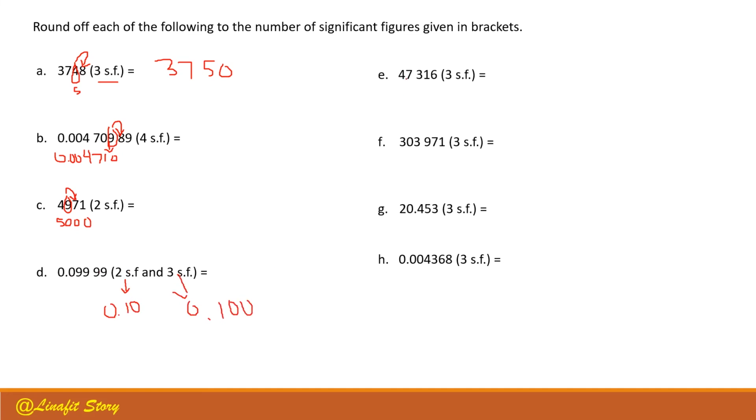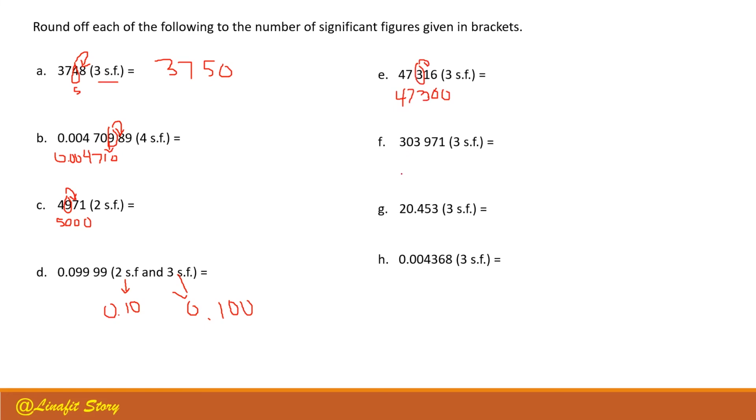Next, 47,316 to 3 significant figures. 1, 2, 3. After 3 is 1, so round down. So the answer is 47,300.